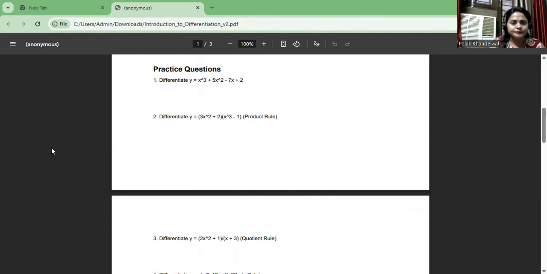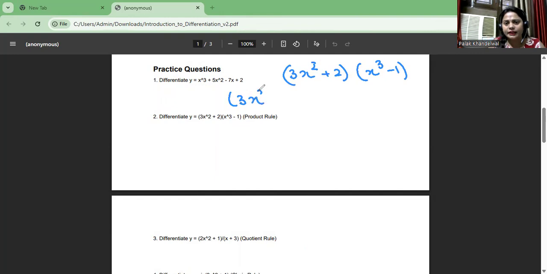Let's apply it here. The question says 3x square plus 2, and I'm just copying down the question again, times x cube minus 1. Now what I'll do is keep the first bracket as it is, and I'll calculate the derivative of the second.